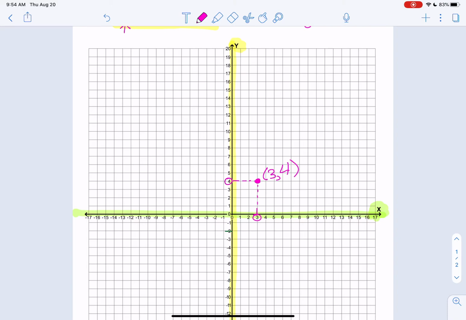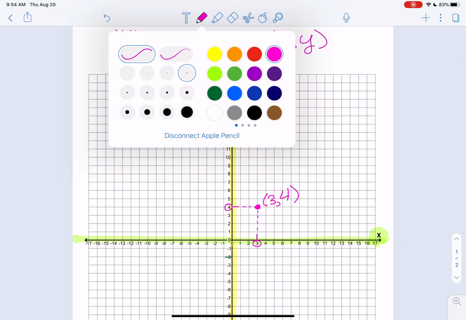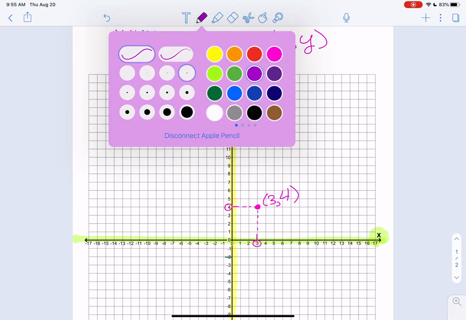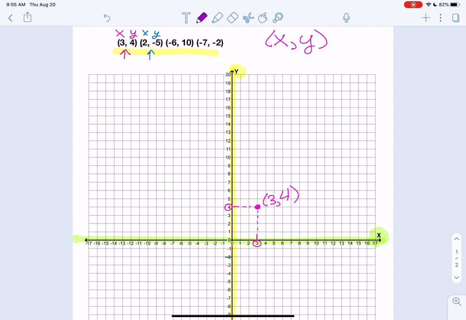Okay. Now, for the next one, we have 2 and -5. So once again, 2 is going to be your X, -5 is going to be your Y. You will notice that where your X and Y meet in the center is your (0, 0).